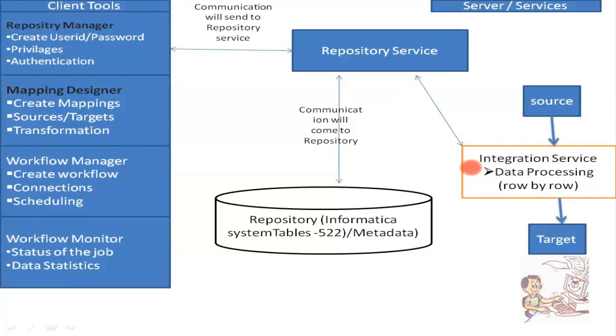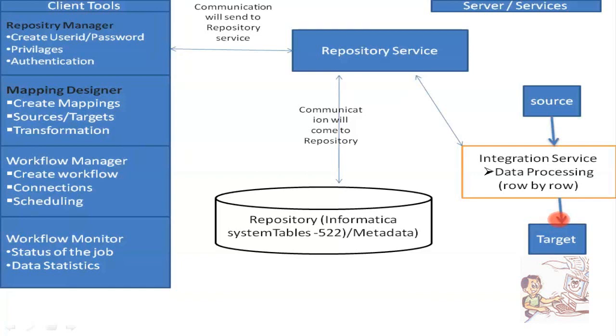All this transformation logic will be taken care of by the integration service, and after completion of your transformation logic, that record will be inserted into your target table. So the if statement you are writing won't execute on your database side. First it will select that data into your integration service side, then your transformation logic will work here.